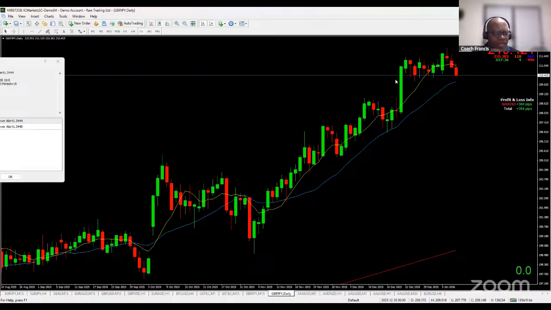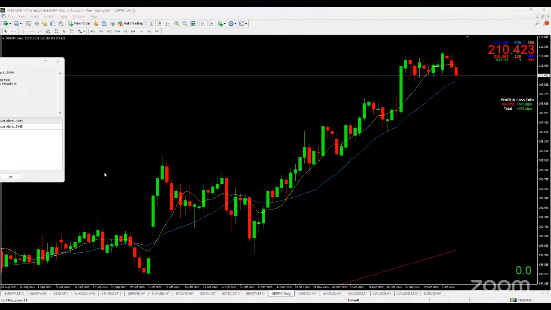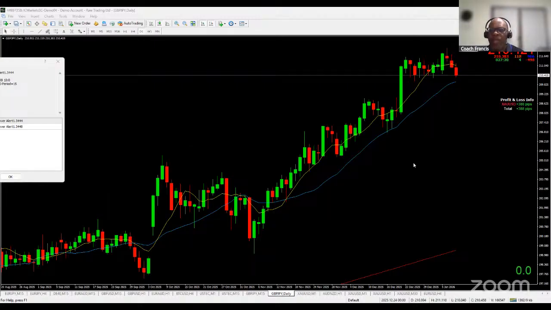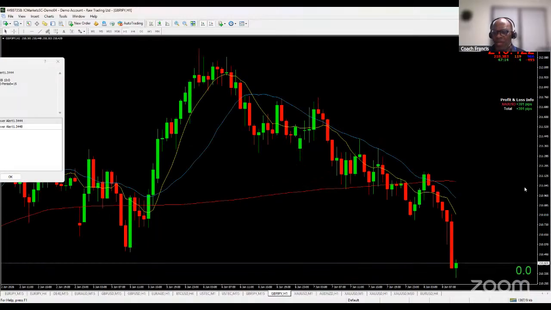I gave a trade signal for this about 3 weeks ago, and it is still bullish. Let's just see what we are going to do with this.